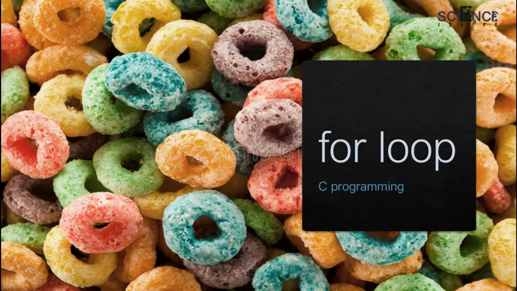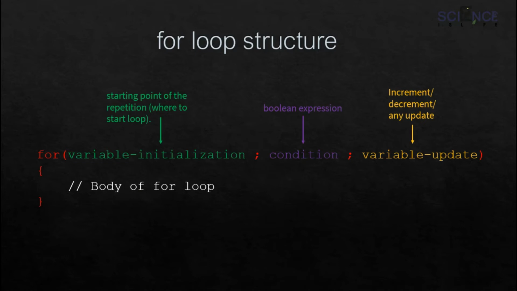First, let's discuss what the for loops are. This is the structure of a for loop. There we begin the statement by mentioning for, and we open the parentheses. Within the parentheses, the first part is the variable initialization.